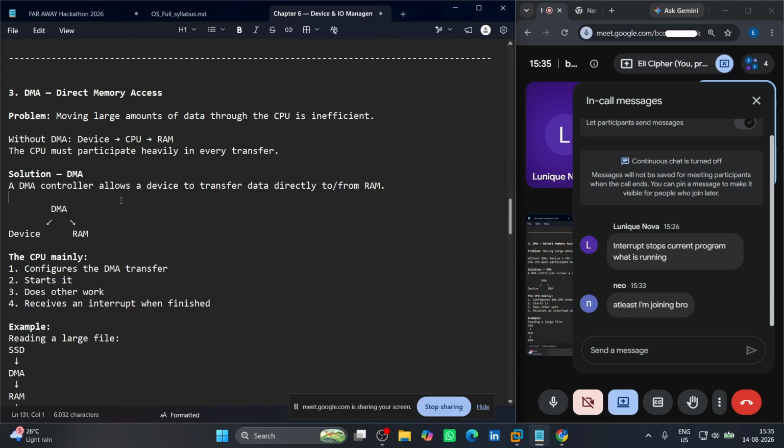If the principal comes and says this is a particular notice which you have to transfer to all of the students, and the principal gives that notice to each and every student separately, then it wastes a lot of the principal's important time.